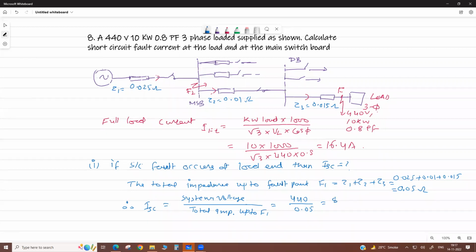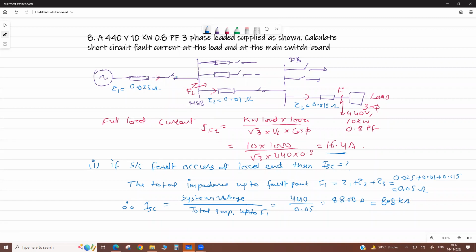It becomes 8.8 kilo ampere, which in the normal case is 16 ampere, but in fault it is 8,800 ampere.